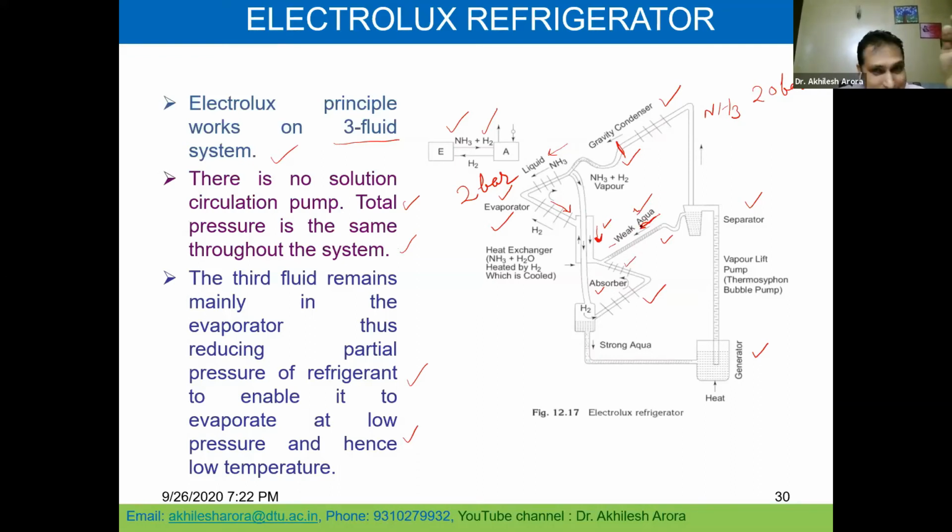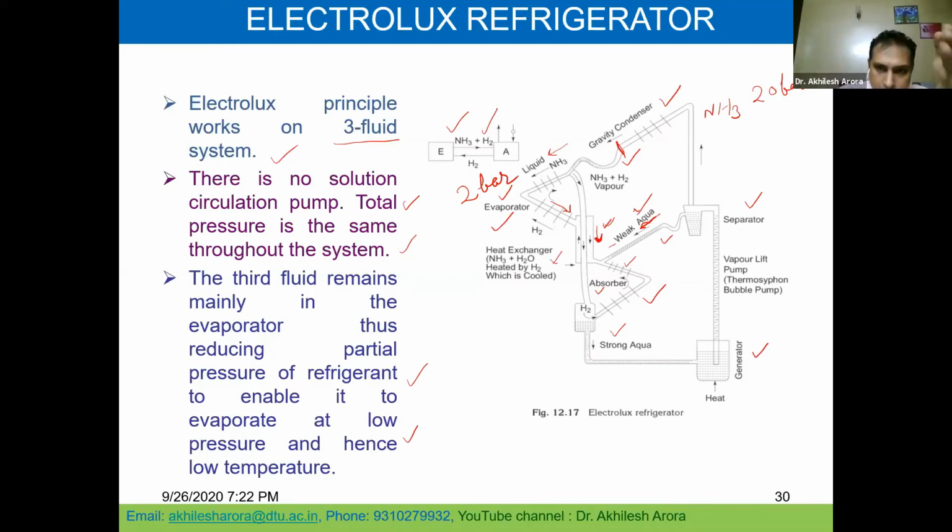Weak aqua means it contains a lesser amount of ammonia, and ammonia is coming here, so they mix and it becomes a rich or strong solution because it contains more of the refrigerant now. And you see there is an arrow showing the hydrogen passing here, then going back and circulating, and in between there is a heat exchanger provided for the heat exchange to take place so that the cooling may take place.